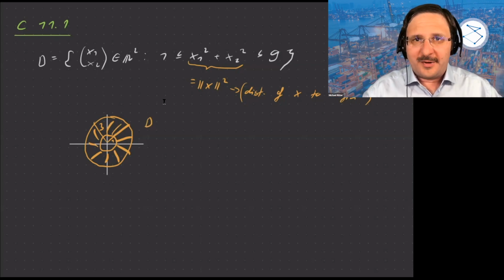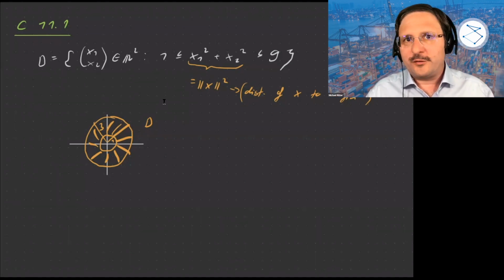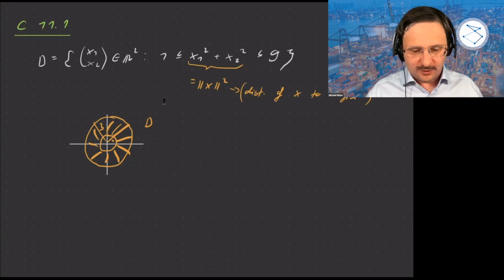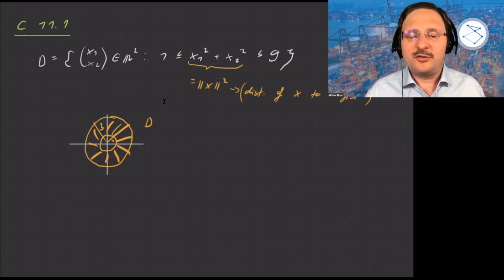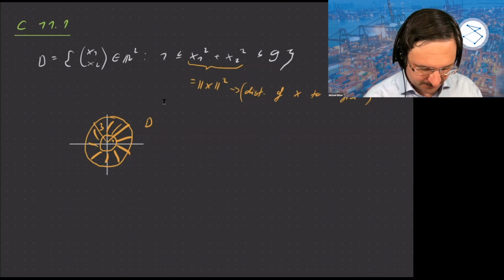And as you can probably imagine, it's not that easy to describe D in terms of Cartesian coordinates. It would, of course, be possible. But it's much easier to describe this in terms of polar coordinates. And that's why we want to use polar coordinates for this integration task here.